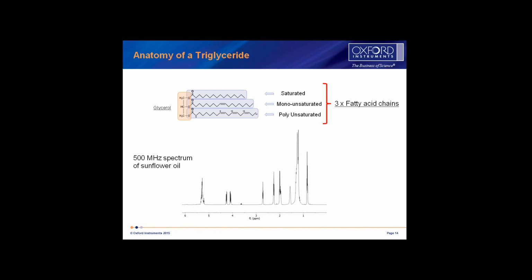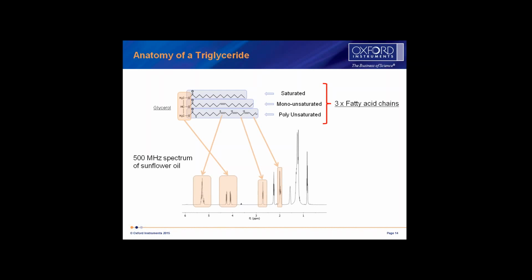And if we look at the 500 megahertz spectrum of a typical oil, we can identify, for instance, the glyceride backbone. Here's the signal from the 4 beta hydrogens on the backbone. We can identify signals from the olefinics. We can identify the allylic, that's a CH2 next to a single double bond.